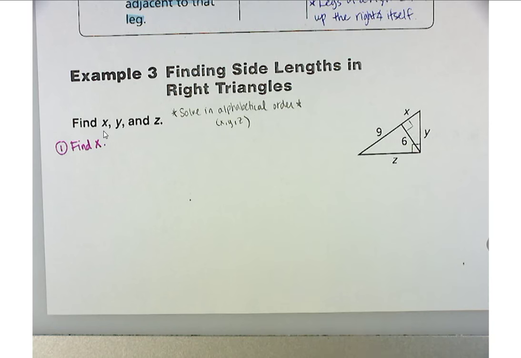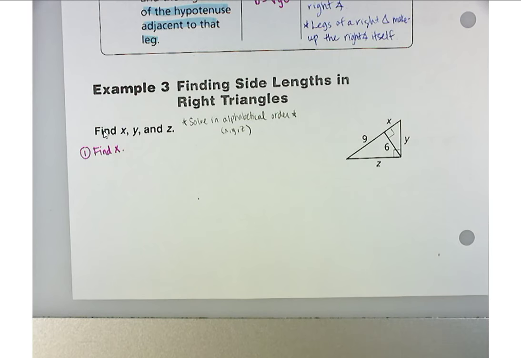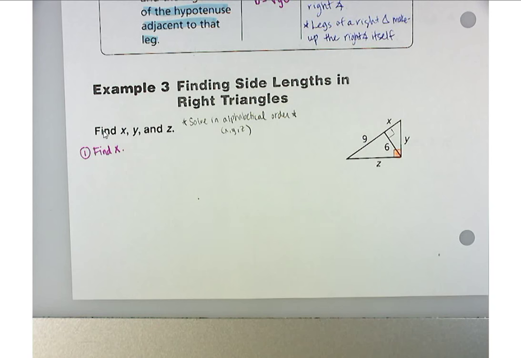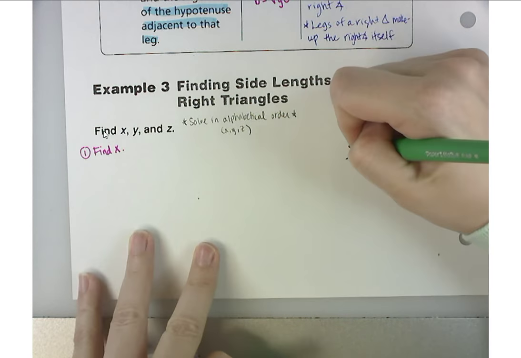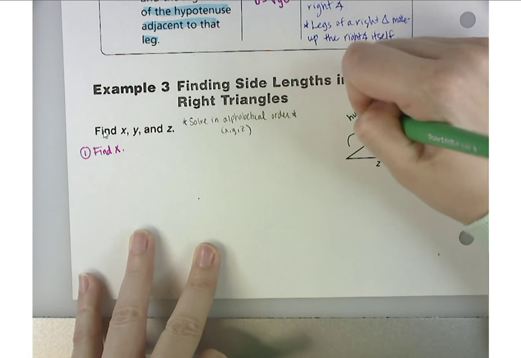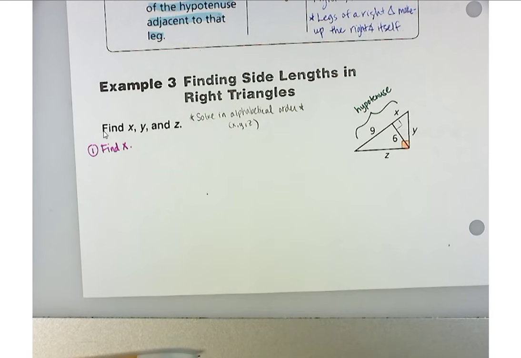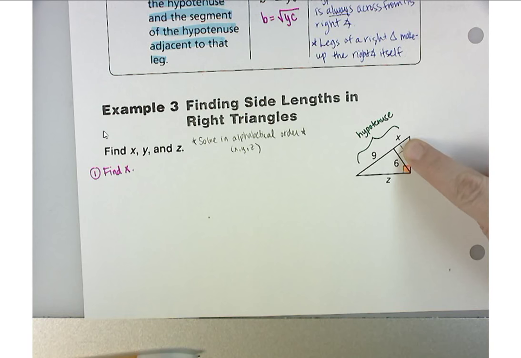If you need to label what different parts are, that's absolutely something that you can do. This is your right angle, which lets you know that this side is going to be your hypotenuse. So if I want to find X, X is part of my hypotenuse.